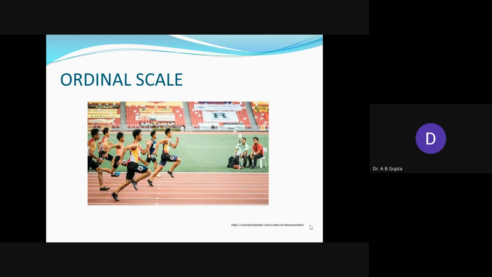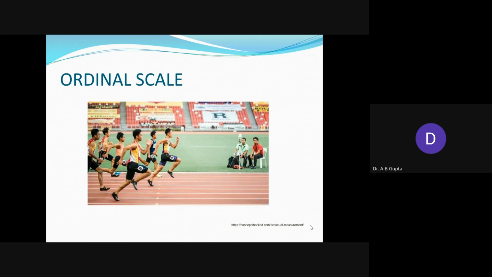Interval means the difference between 1 and 2 and the difference between 2 and 3. That is not equal. But there is one person at rank number 1, another at rank number 2, another at rank number 3. So let me repeat. In ordinal scale, we are categorizing the data, we are ranking the data, but the interval is not equal.